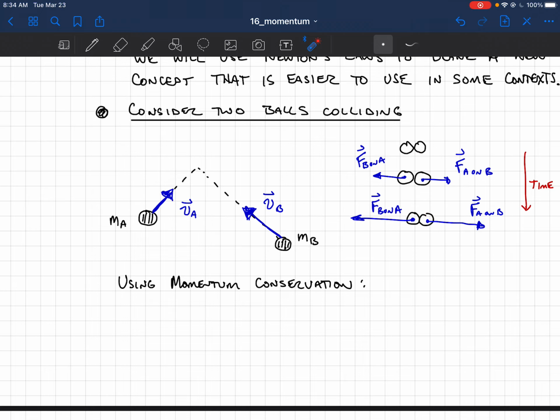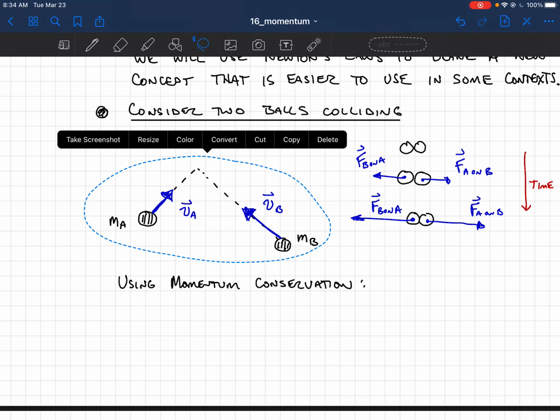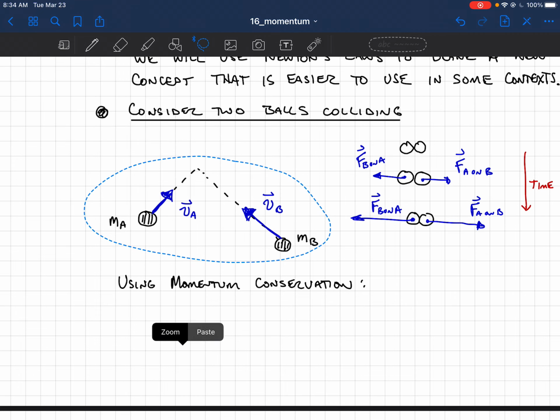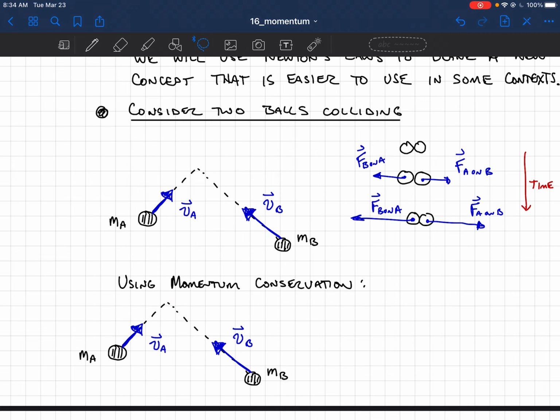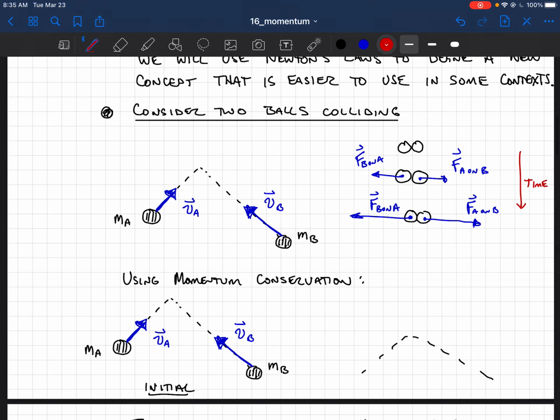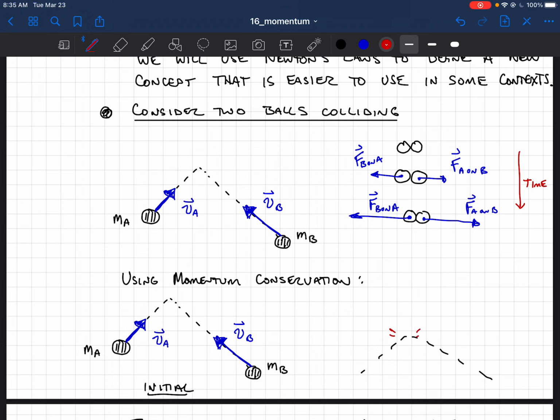So what momentum conservation will give us is it will say, okay, well, let's treat this as an initial situation. So let's put it here. So we'll say that this is the initial moment. And then we can draw a second picture, which shows the collision that is happening.